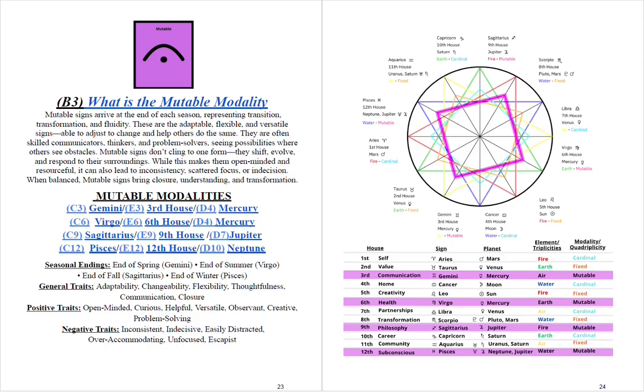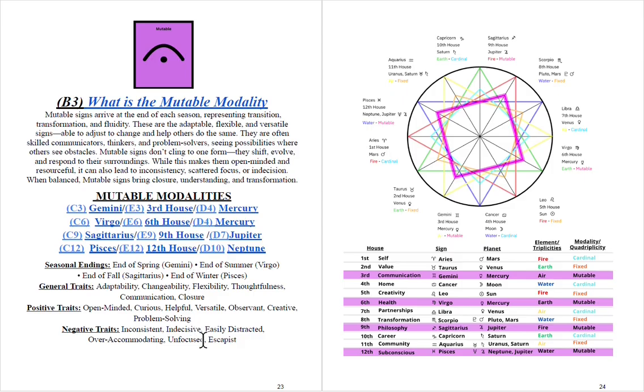Positive traits: open-minded, curious, helpful, versatile, observant, creative, and problem-solving. Negative traits: inconsistent, indecisive, easily distracted, over-accommodating, unfocused, and escapist.